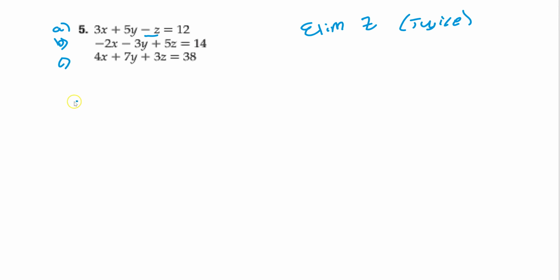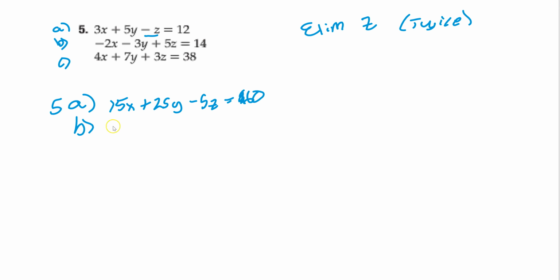There we go. So let's do A and B together. If I want these to cancel, I'm going to multiply my top row by 5. So 5 times 3 is 15. 5 times 5 is 25, negative 5z equals 60. Remember, multiply the whole row, even the 12, so that's 60.